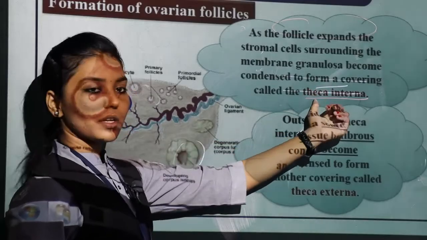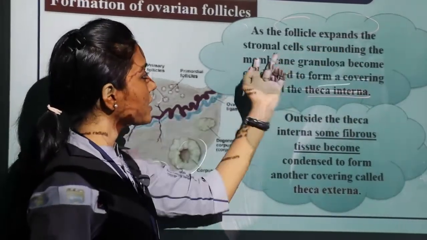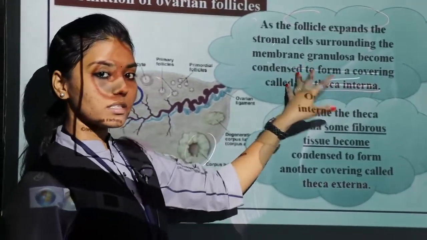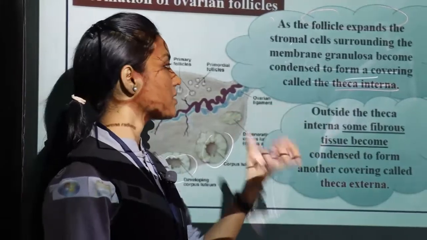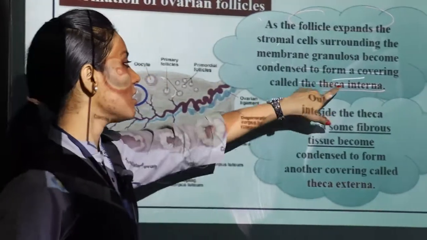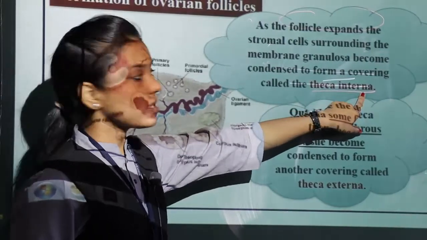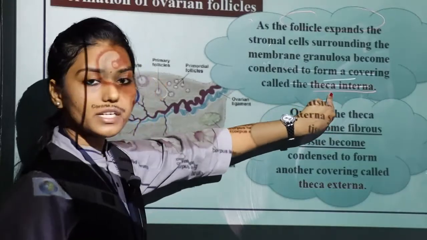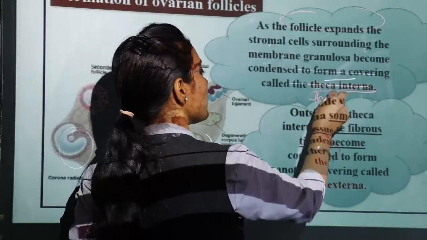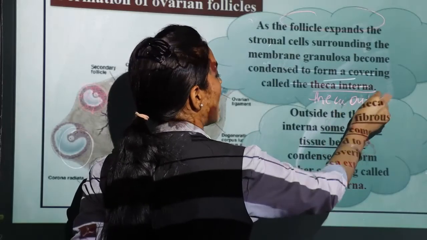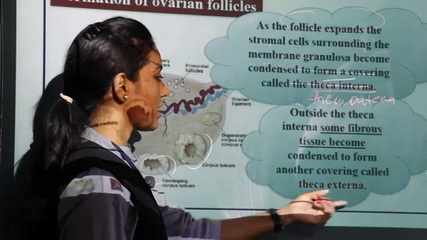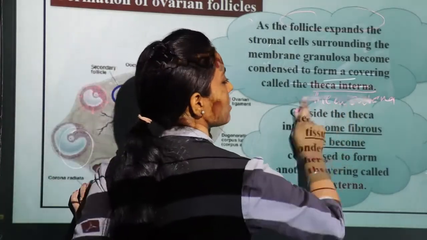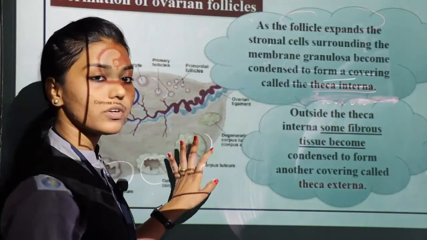As cell growth occurs, the cells become condensed and form a covering called theca interna. This is the internal part, covered by theca interna. In the same way, the outer part is called theca externa. External means from outside, and interna means from inside. I hope you are clear with this.